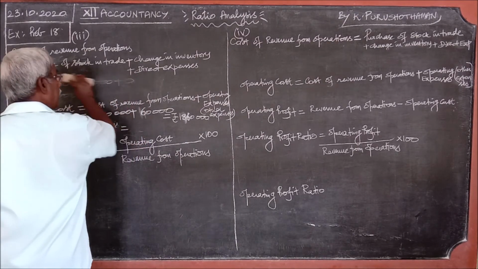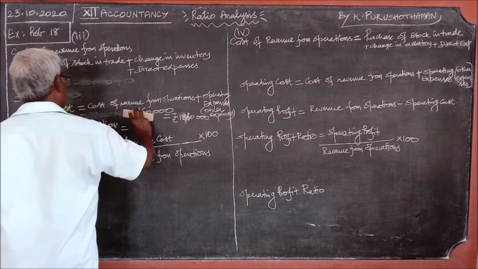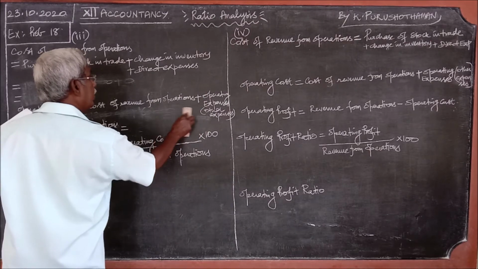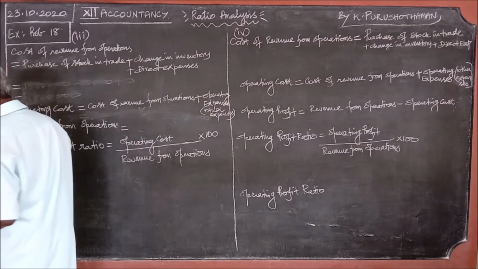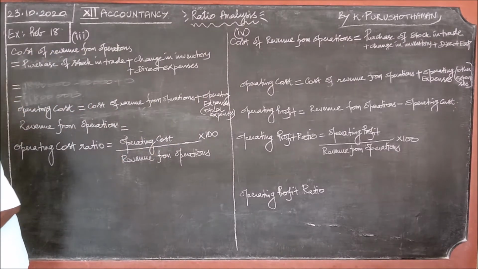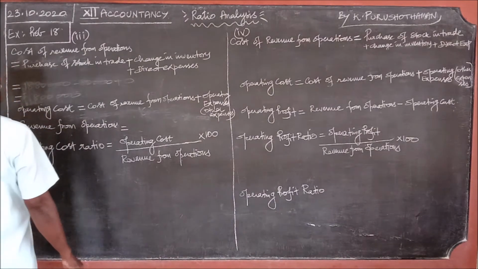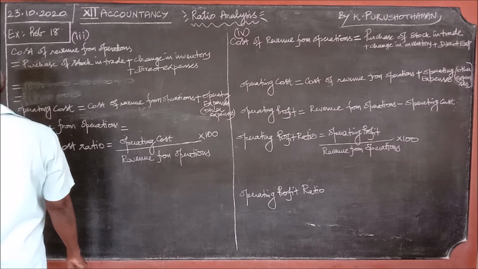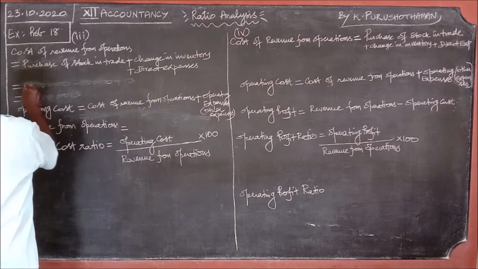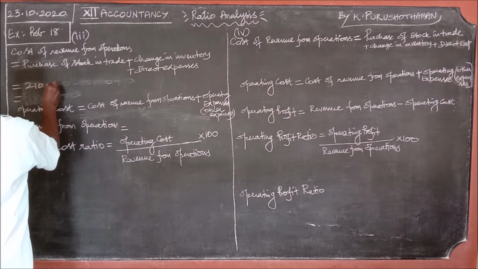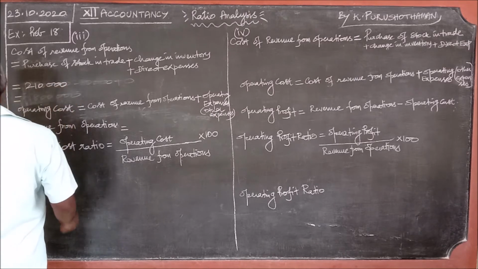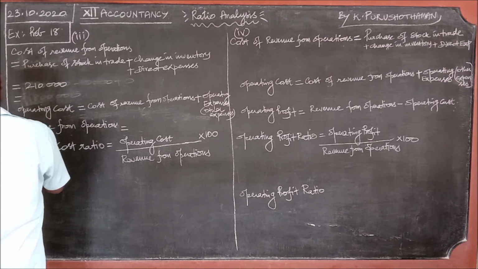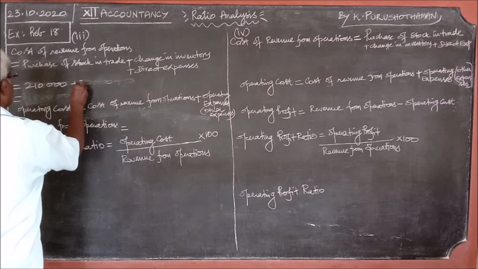I wrote all the values from problem number 17. So we are doing 18. We shall retry again. This is purchase of stock in trade 2 lakhs 10,000. Then change in inventory is 30,000. This is a plus in this problem.